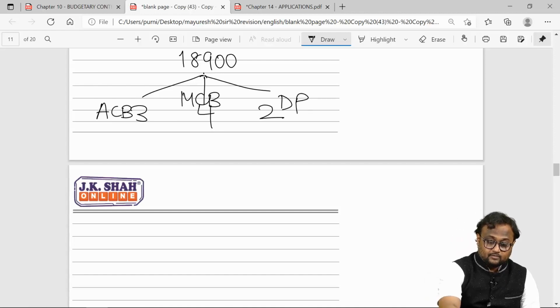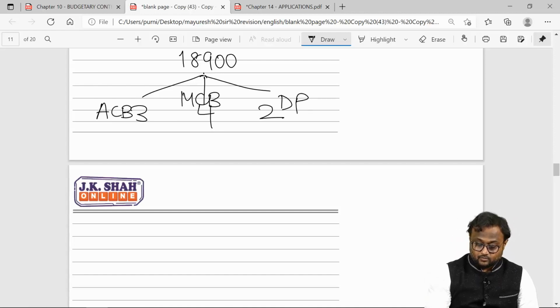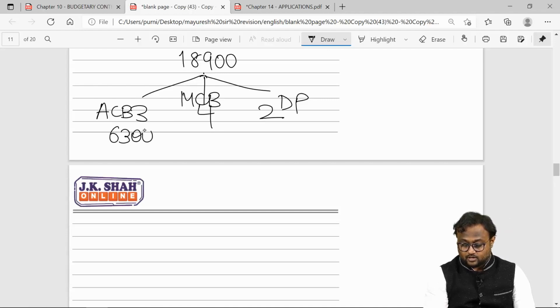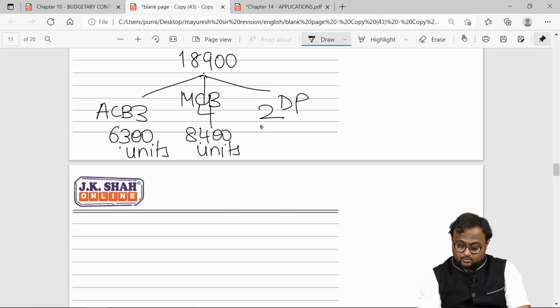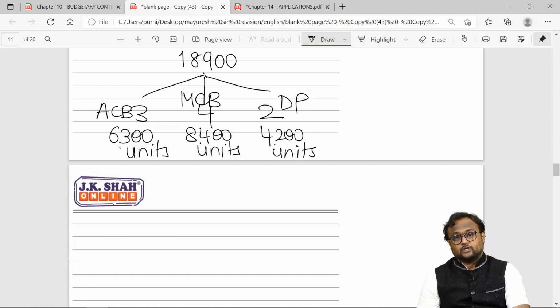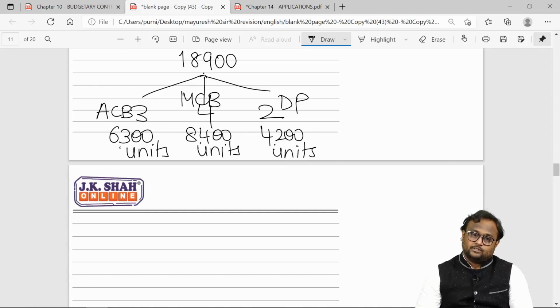So 18,900 divided by 9, this will be 6,300, this will be 8,400 and this will be 4,200. You understood this? Have you clearly understood this?